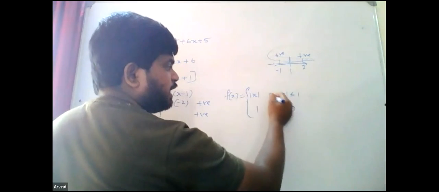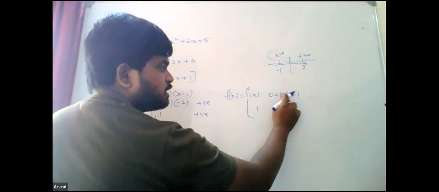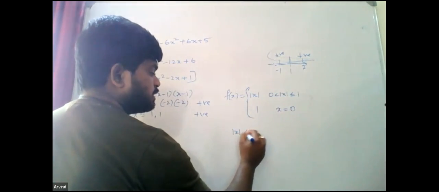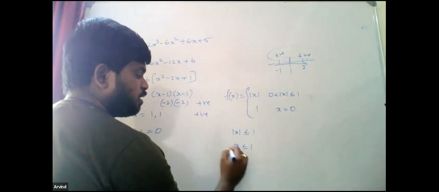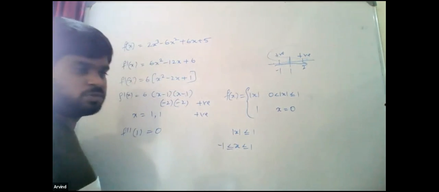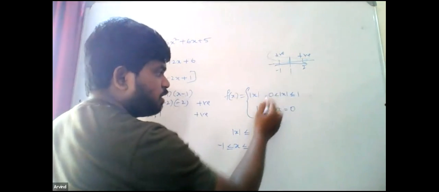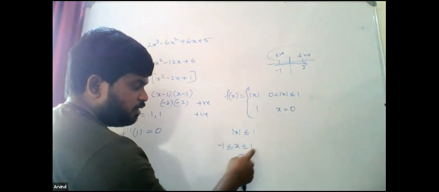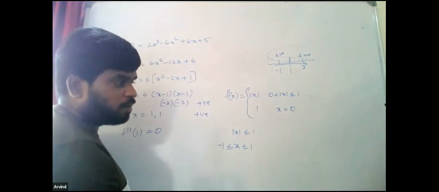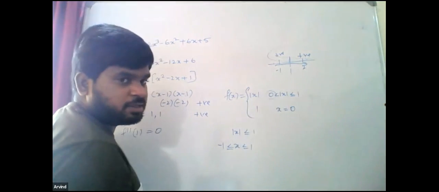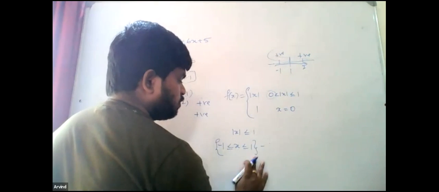See, first of all, let's redefine this. Let's take the right hand side, mod x less than or equal to 1. Then x should be less than or equal to 1, greater than or equal to -1. But it is greater than 0, so observe, if I take this one, 0 gets included. But here it is greater than 0, which means 0 should not be included. So this is minus 0.